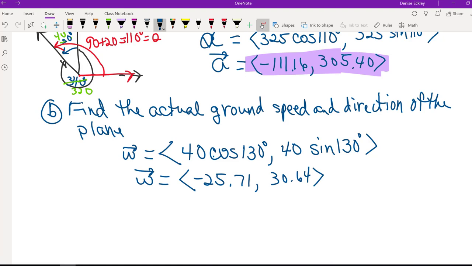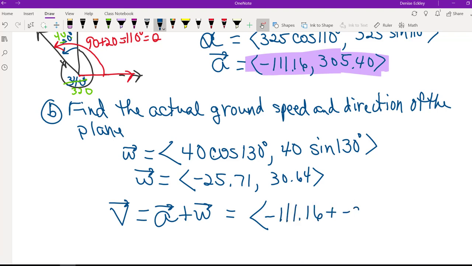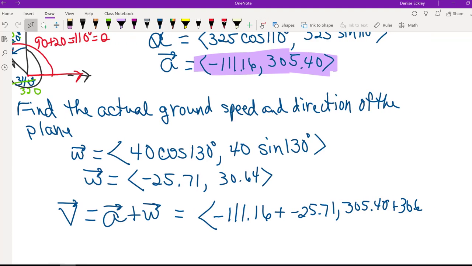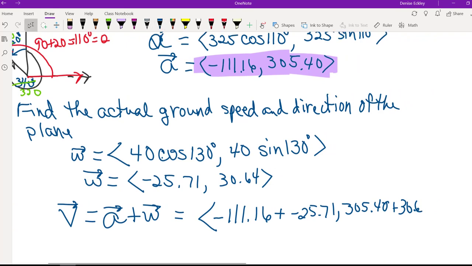And how do we combine the two of these? Well, we're adding two vectors. So our final velocity is going to be made up of the airplane plus the wind. So going back to our airplane, negative 111.16 plus negative 25.71, our wind, and then we're going to have 305.40 plus 30.64.